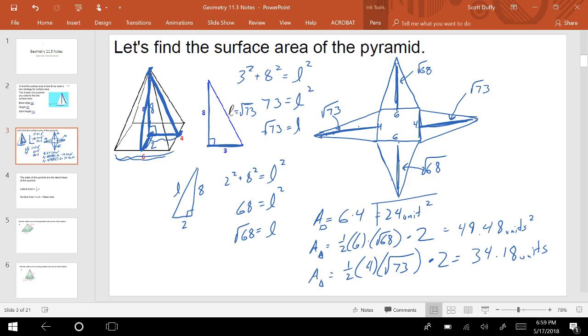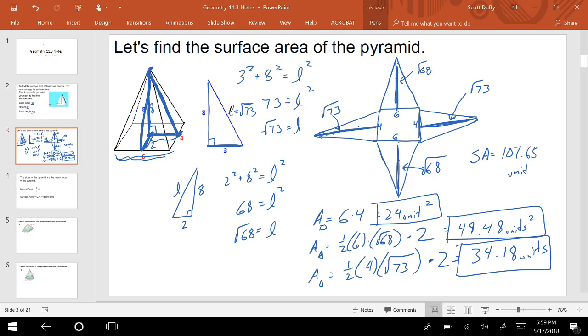Then once you know the area of the base, the area of the front and back triangles, and the left and right triangles, you add all those together. And the whole surface area is equal to 107.65 square units.